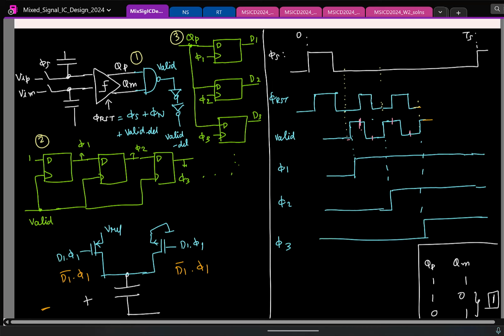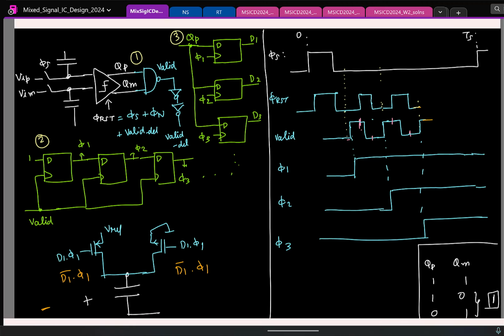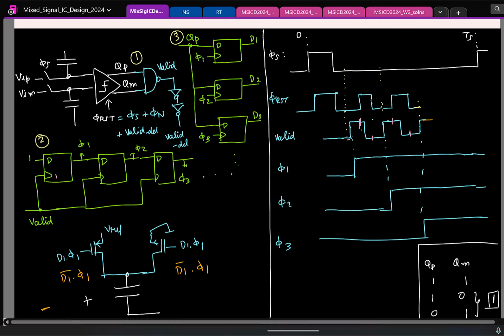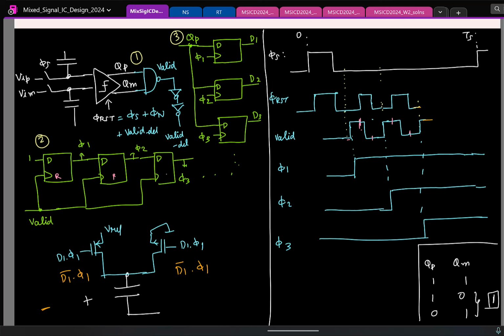So what can you do? Luckily, flip-flops also have a reset pin. Let's say that is the reset pin, I'll just mark it as R. What signal can you give to the reset now? Remember, when I'm sampling the signal, I want all of them to start with 0. So I'll feed phi s as the reset for the flip-flops. That's all.